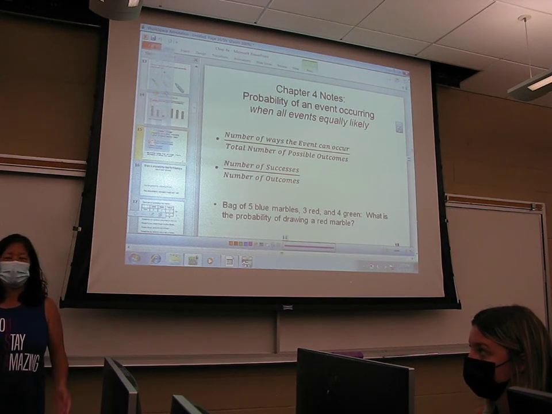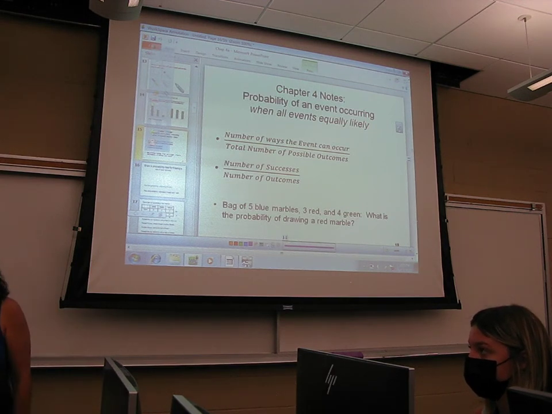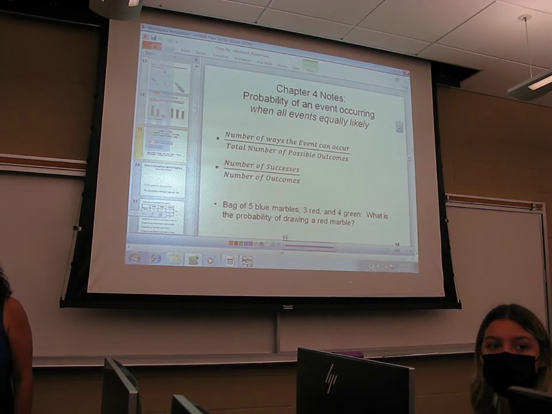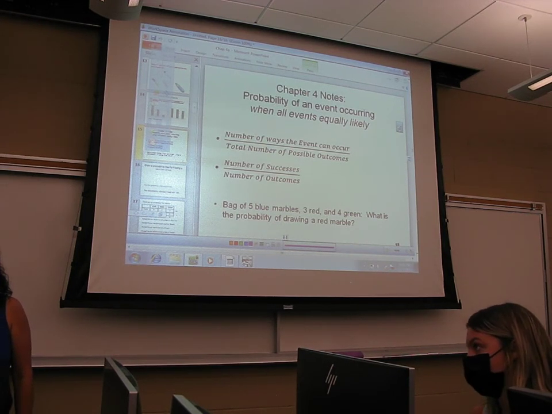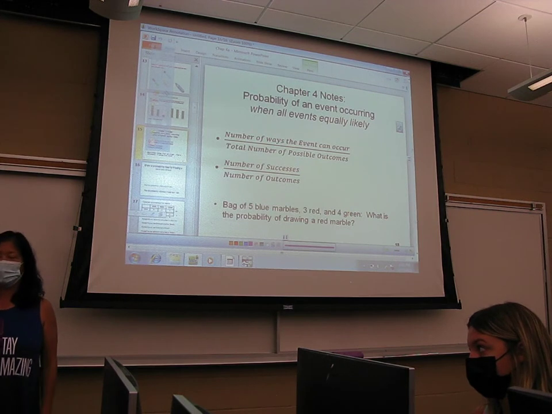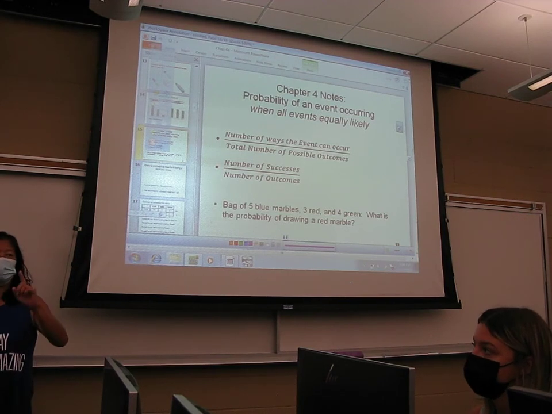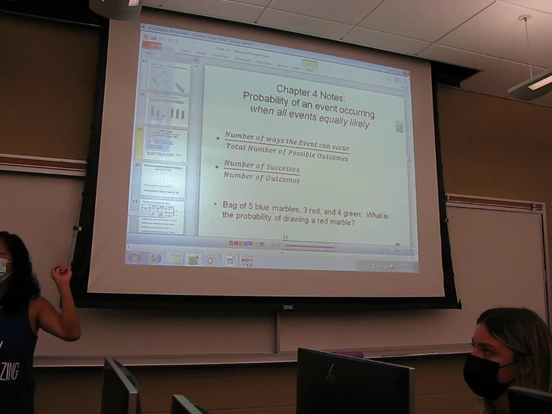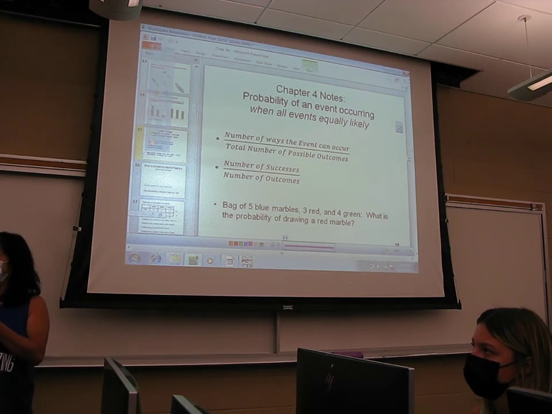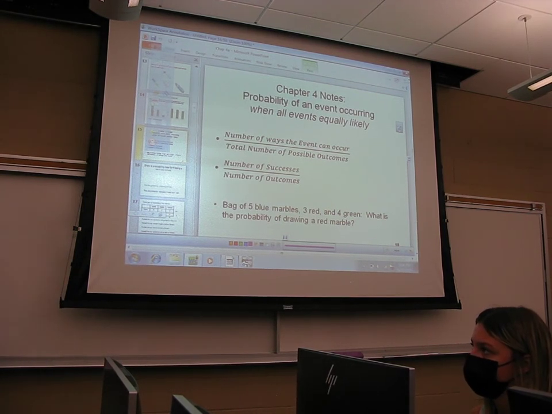I get on an airplane. Is it equally likely that I crash or don't crash? I mean, those are only two options, but what if you're talking about probability? Is there a 50% chance that when I get on an airplane, the airplane is going to crash? No. Does that make sense? So that is a situation where options are not equally likely. Everybody follow me? So all probabilities are not equally likely.